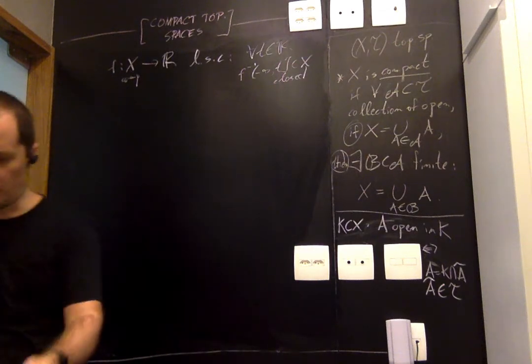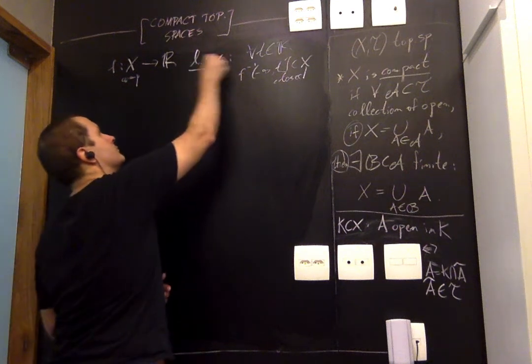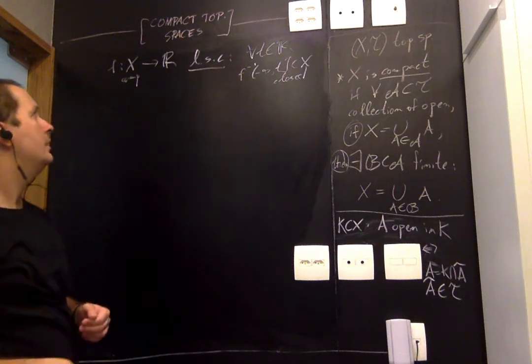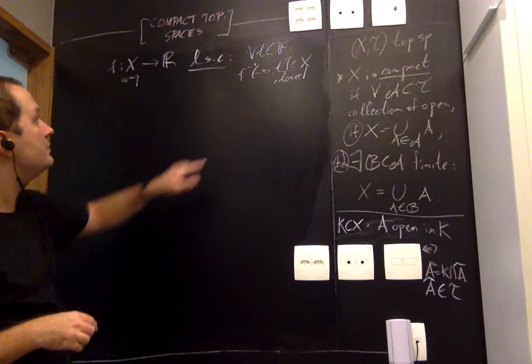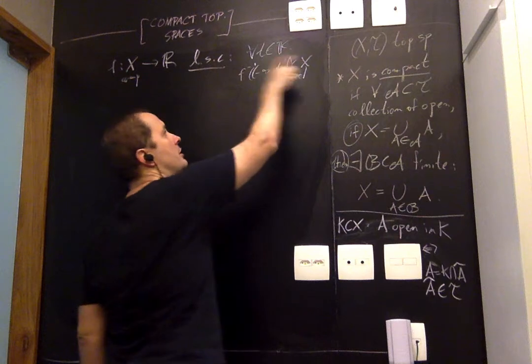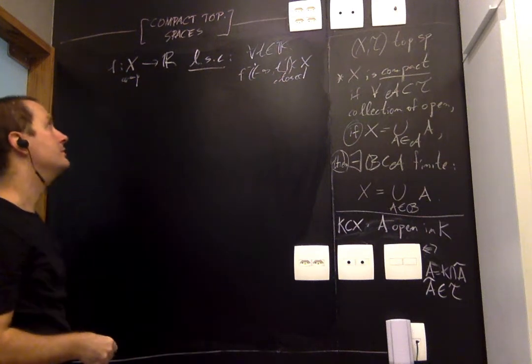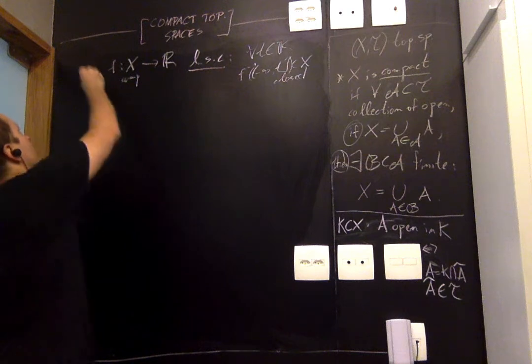So that's what's called lower semi-continuity. Continuous functions are lower semi-continuous just because this is a closed set over the real line, so its preimage must also be closed since f is continuous, right?